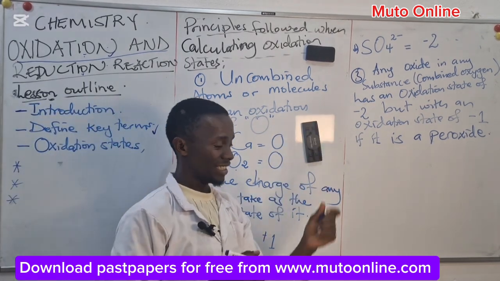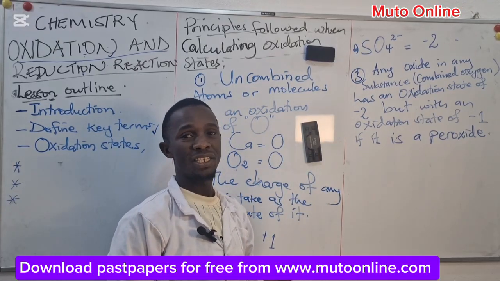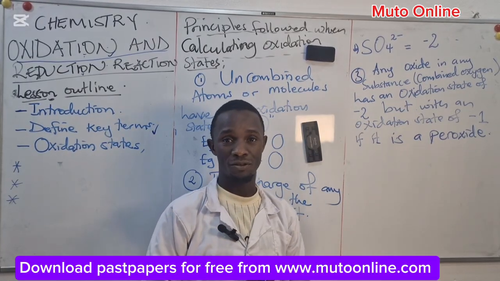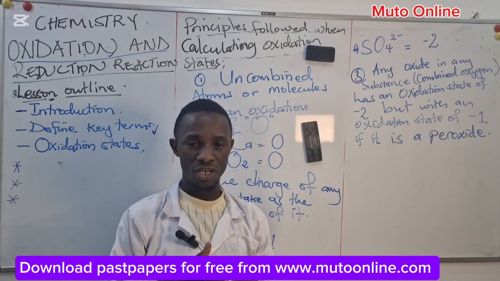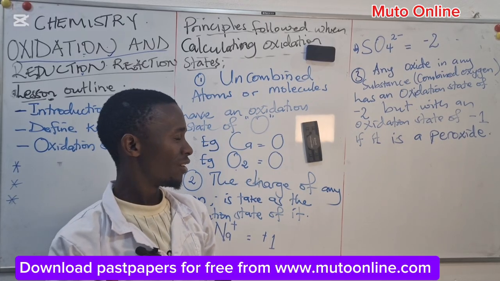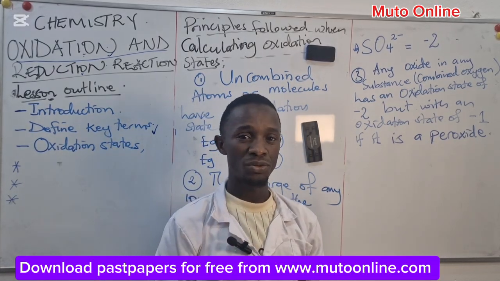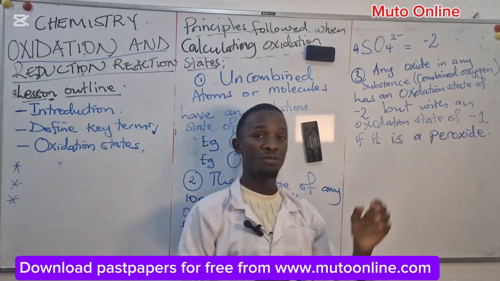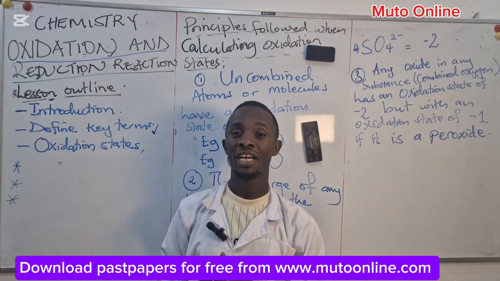So the oxides, where oxygen is used as an oxide in a combined state, it will be with an oxidation state of -2. But if they give you anything, for example, sodium peroxide, and you want to know the oxidation state of the peroxide, each peroxide atom has an oxidation state of -1. For that, the oxygen will be with an oxidation state of -1.